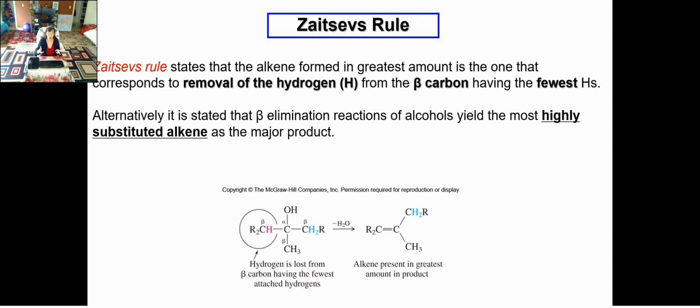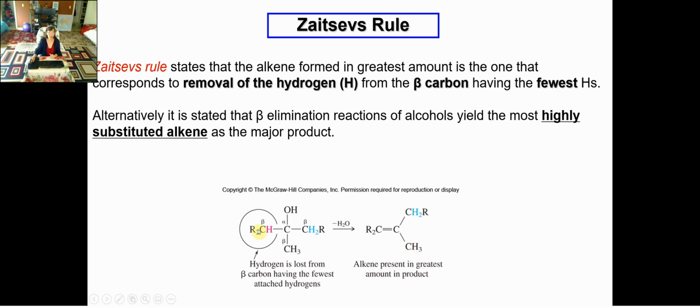The less hydrogen you have, the easier it is going to be removed. Alternatively, this beta elimination of alcohol is going to yield the most highly substituted alkene. This highly substituted alkene will be your major product.